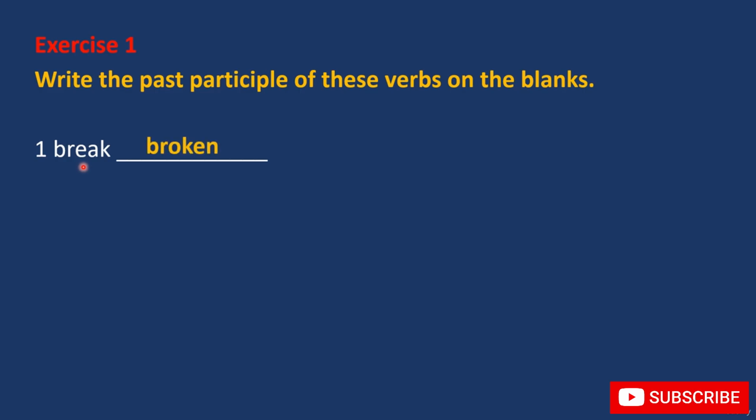Excellent. Broken. What about buy? Bought. Again, if I speak about break, break present, broke past, broken past participle. We need the past participle. And here buy, the past bought, and past participle also bought. I do not need the past now, I need past participle.